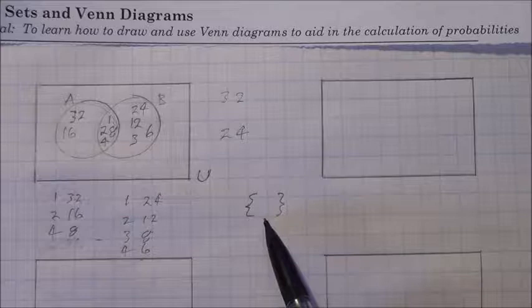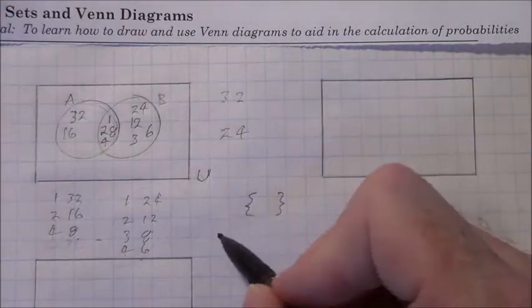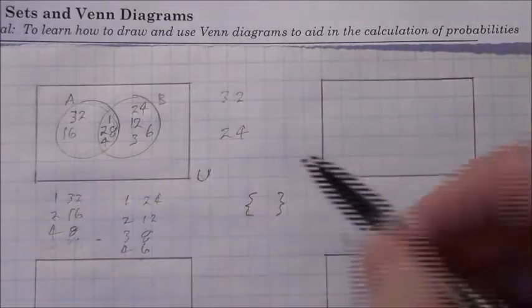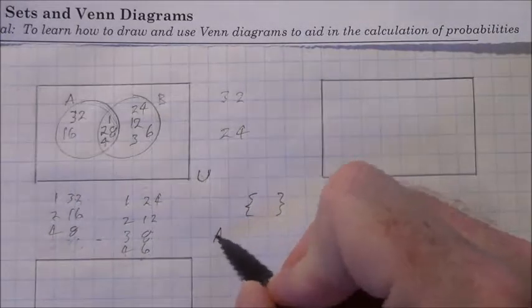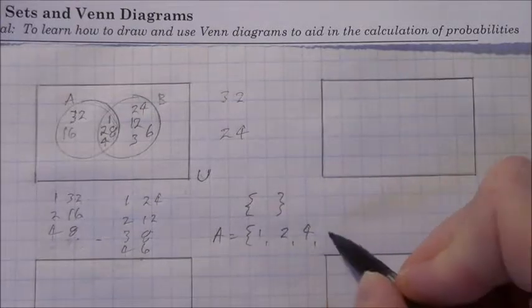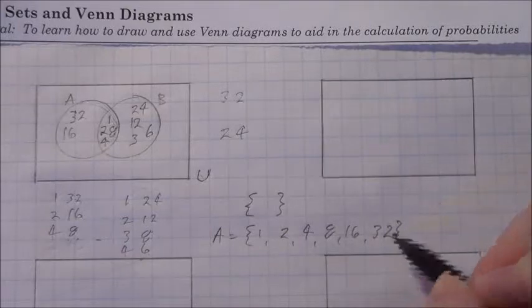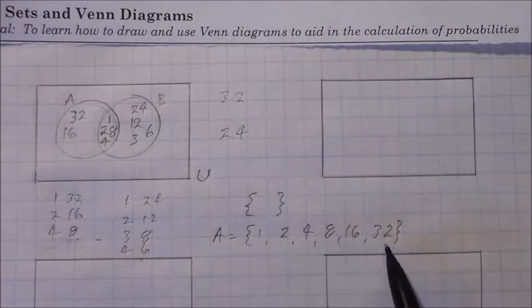That's how we would represent elements of a set. So if I were to say the elements of set A, I'd say A equals {1, 2, 4, 8, 16, 32}. So that's how I would write that out using set notation.